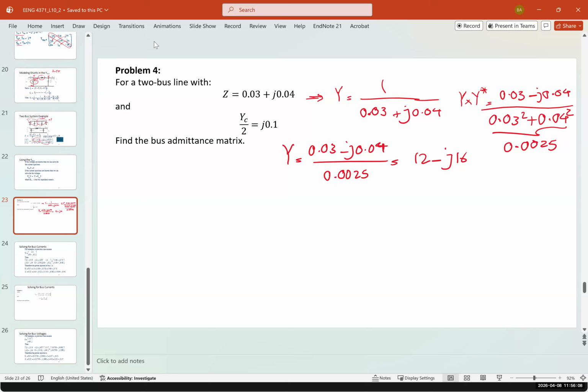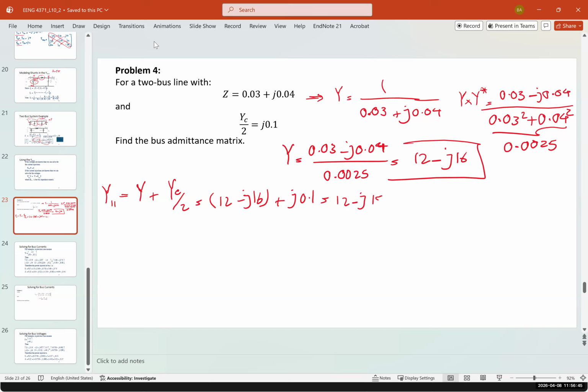This is one way to solve it. Another way, you can convert it to polar form and then convert it back. But now I got the admittance. It's going to be 12 minus j16, same thing that we had before. Now if we include the shunt, Y11 is equal to Y plus YC over 2, which is 12 minus j16 plus j0.1, gives us 12 minus j15.9.